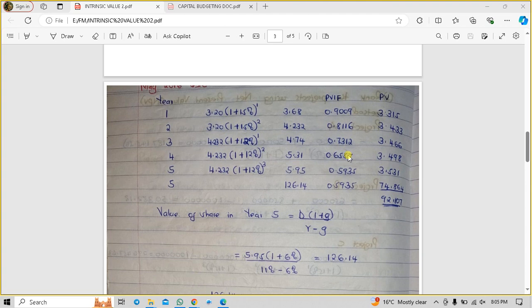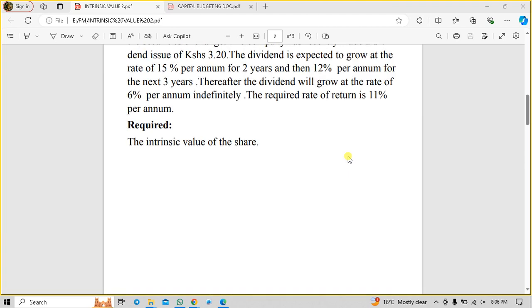So just use your calculator. 1 plus R, and our R is 11%, power negative n. You should get 0.9009.